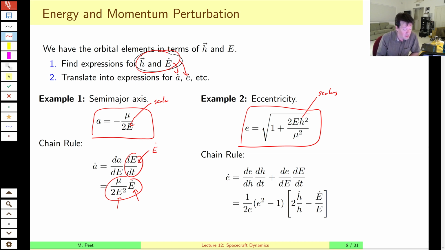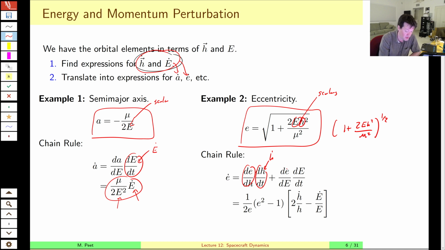Next, eccentricity. Now this is a little bit harder because it depends on both E and H. That's the problem. So again, using the chain rule, representing this as 1 plus 2EH squared over mu squared to the 1/2, we can differentiate e with respect to h, and then multiply by h dot.